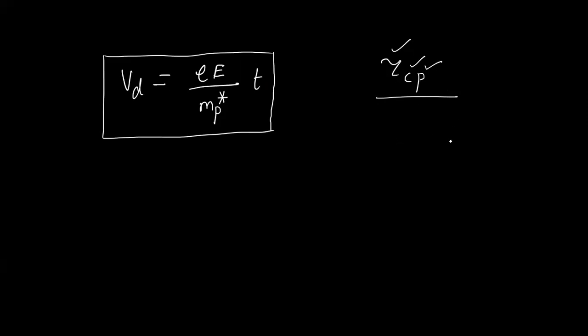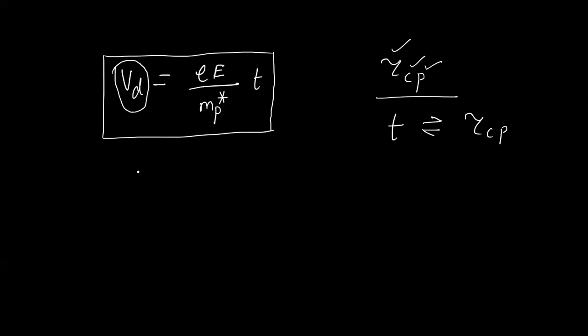So let us use this notation to give you the relaxation time, or the mean time between collisions for a hole. Now if you replace this t with tau Cp, then what can we write for this vd, the drift velocity which we wrote earlier?